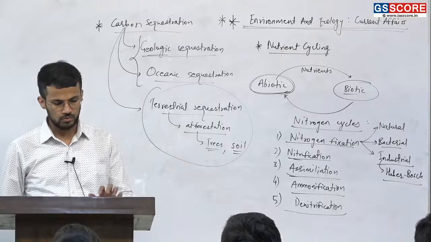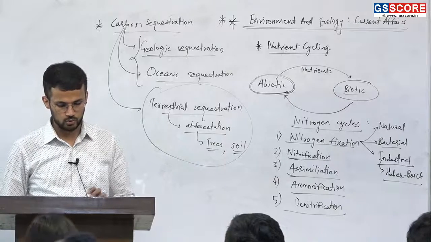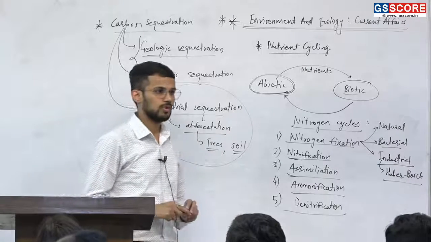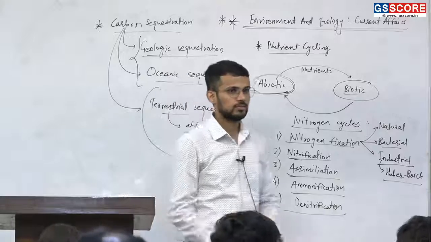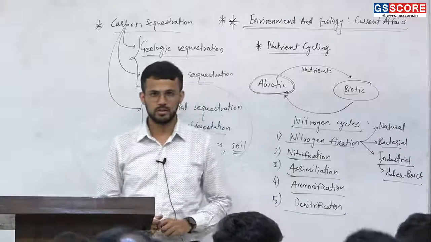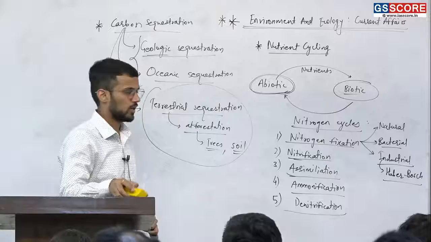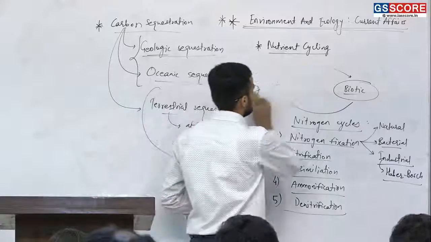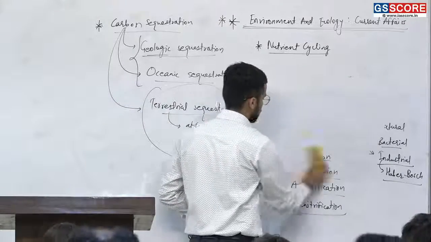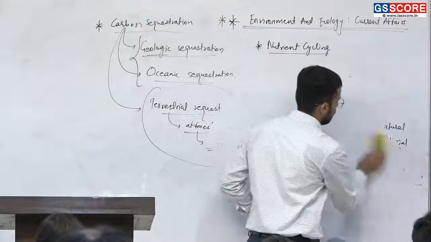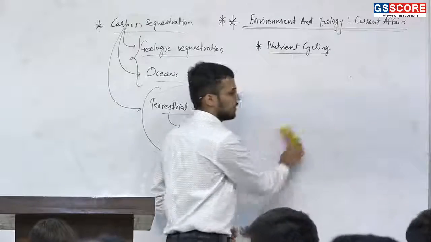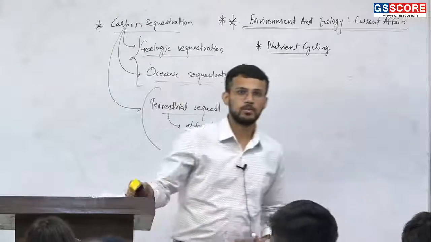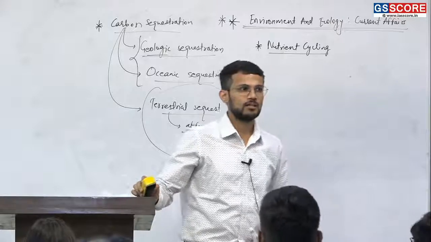So, first topic is related to Joshimath. You must be aware of the things that have happened in Joshimath. So, what has happened in Joshimath? It is sinking of land in Joshimath. So, why has it happened? Unsustainable development.